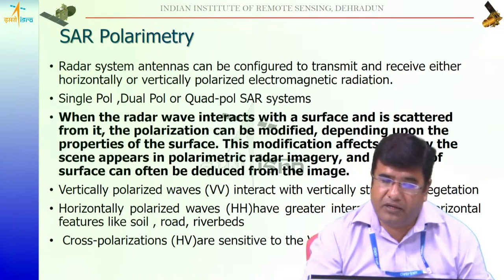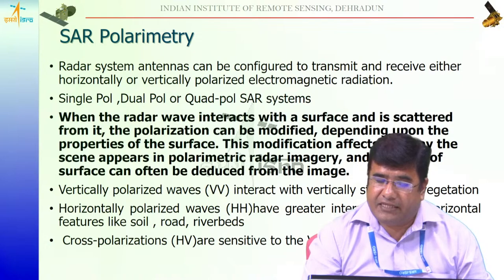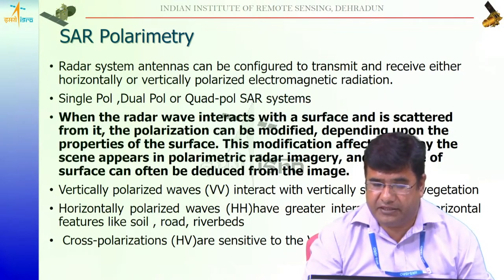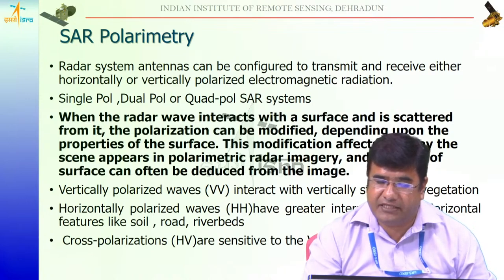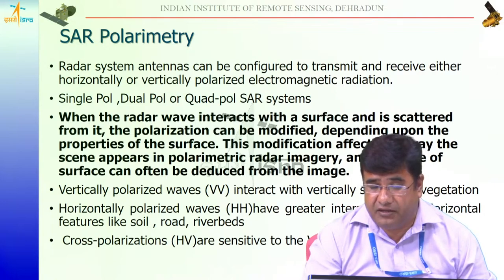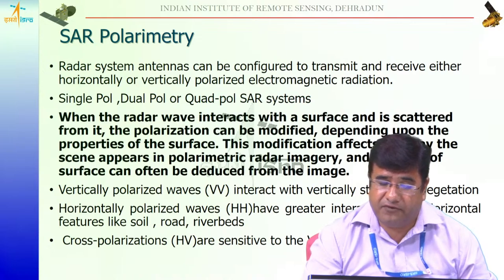In the quad pole we have 4 images: HH, HV, VH and VV. So this quad pole is the full polarimetry system. We have more information because we have 4 images, and with the help of these 4 images we can deduce the orientation of different targets on the Earth surface.